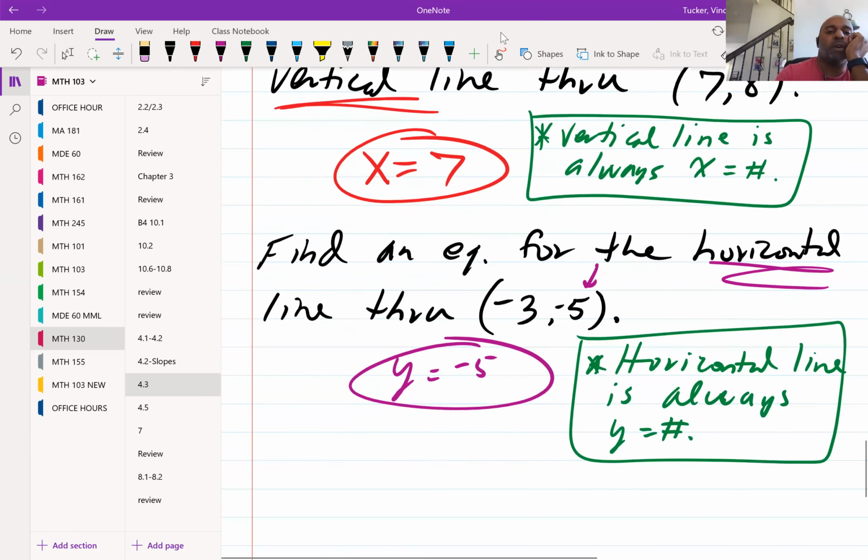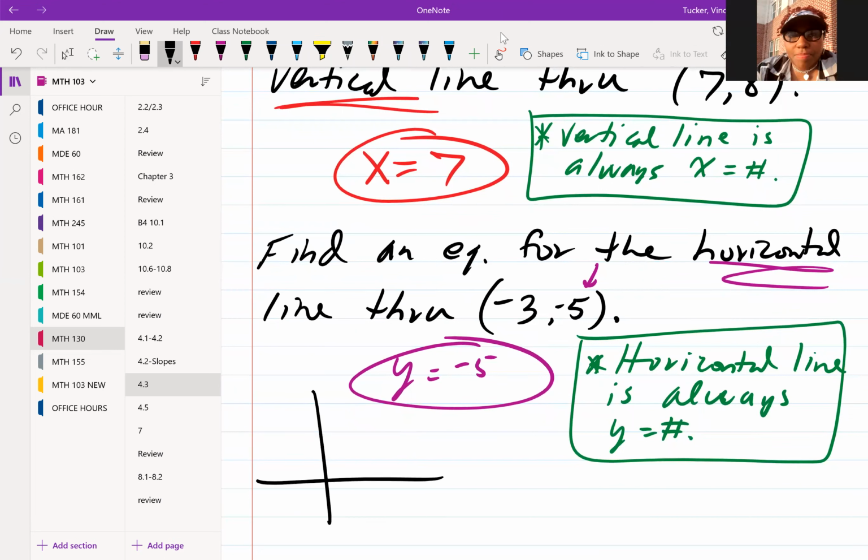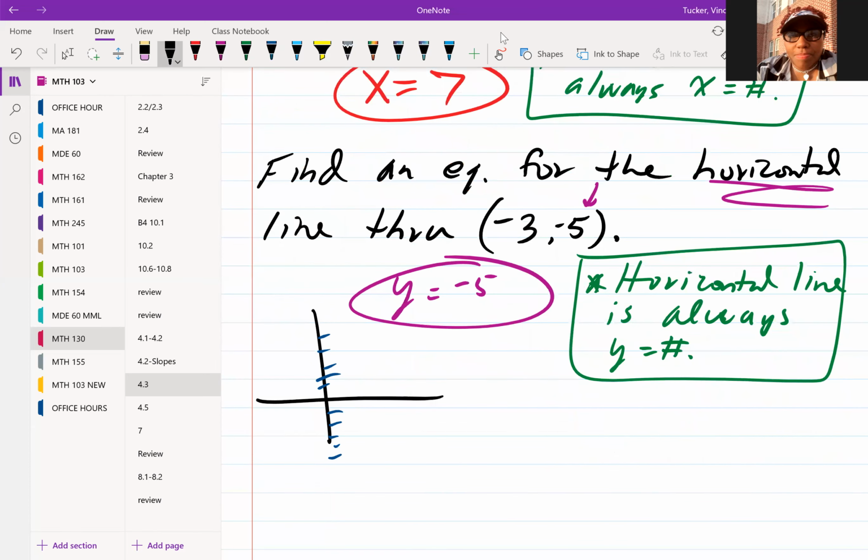Yeah, I wouldn't worry about trying to make that connection because you want to be able to plot. I'm looking at my graph here, and I know we're talking about horizontal, which is y equals that -5, but horizontal is actually the X line, so it's the opposite of your original axis.